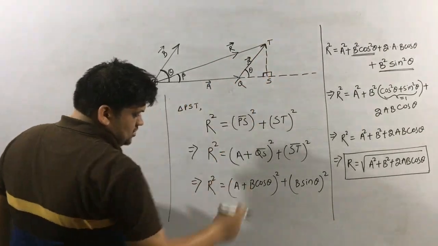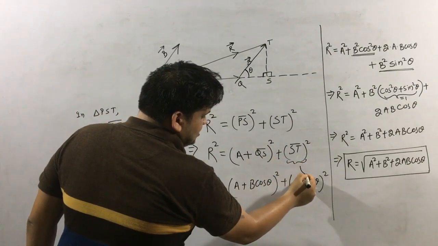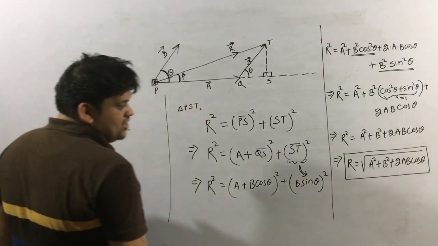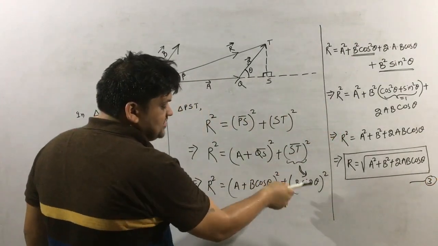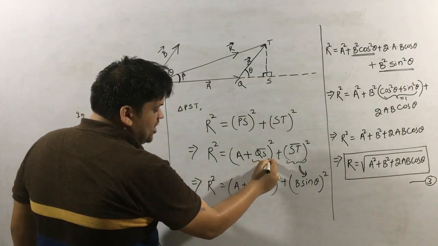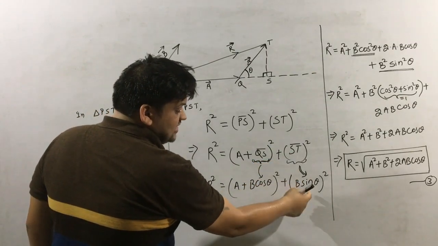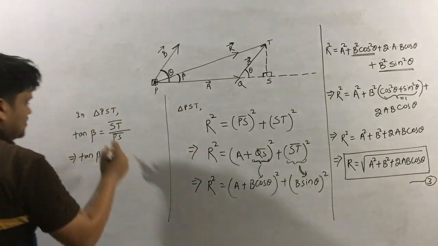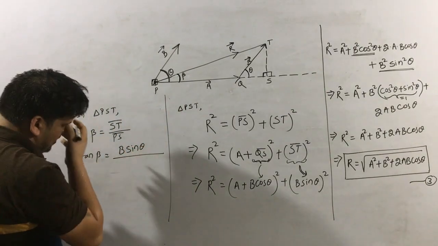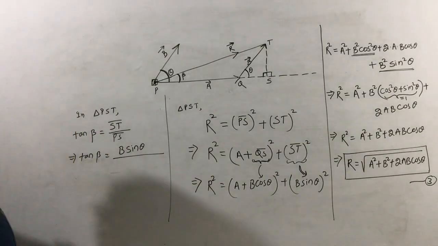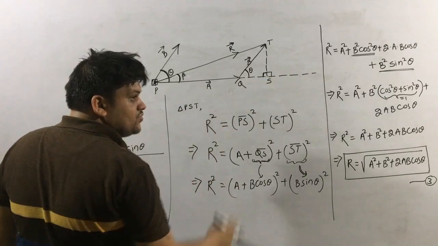From equation 1, we have found ST equal to this, and in equation 2 we have found QS equal to this. So from equation 1, ST equals how much? B sin theta. So in ST I can write B sin theta divided by PS. PS I can write as PQ plus QS.